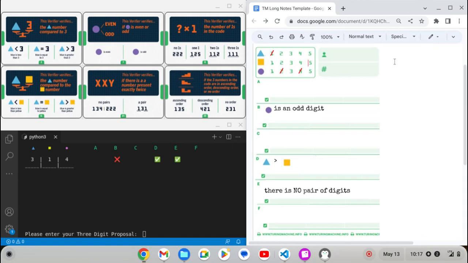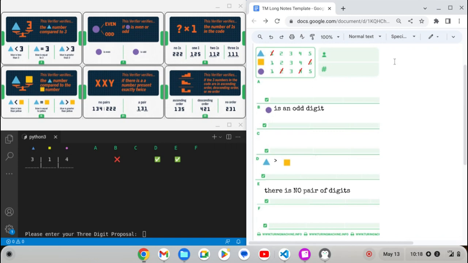If square is 5, then there is no digit larger than 5. So we can eliminate those two possibilities. Is there anything else? We've established that circle's odd, triangle is bigger than square, and there's no pair of digits.